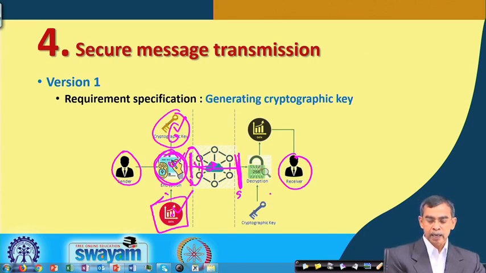Then at the receiver end there is a program or algorithm, a Java class program, which decrypts the document that has been received. For this decryption another cryptographic key will be used, maybe the same or different.